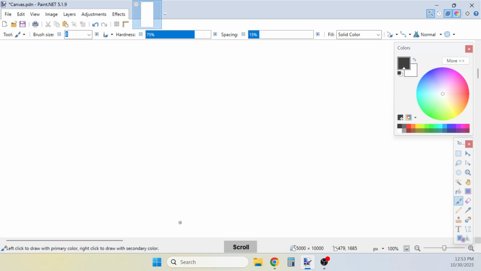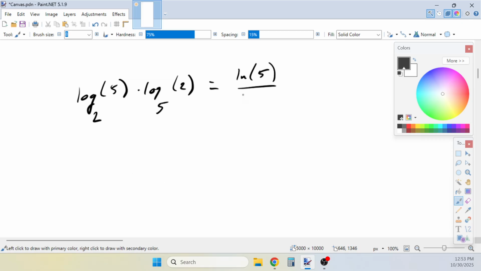The reason we do that is through the change of base formula. If I have log base 5 times log base 5 of 2, for example, this is the same as the natural log of 5 times the natural log of 5, using the change of base.